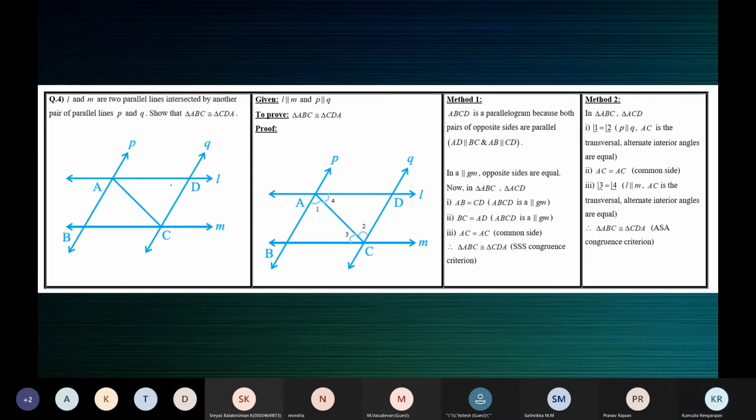Good. Ananya, you have shared using the SAS rule. Equalities are correct. Good.